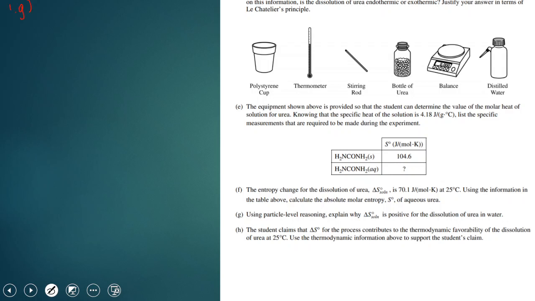Alright, 1G. Using particle level reasoning, explain why delta S is positive for the dissolution of urea in water. Well, what exactly is delta S, or entropy? Well, we measure it as the disorder of a system.